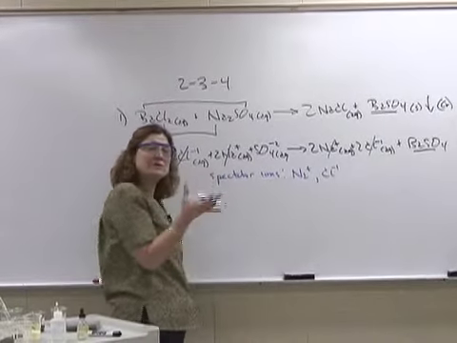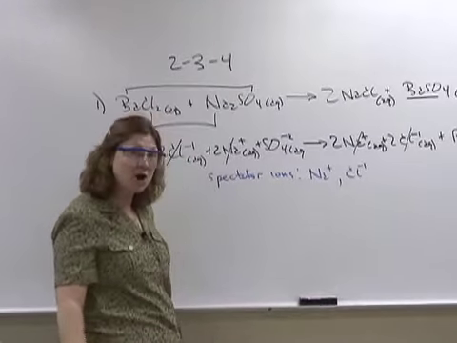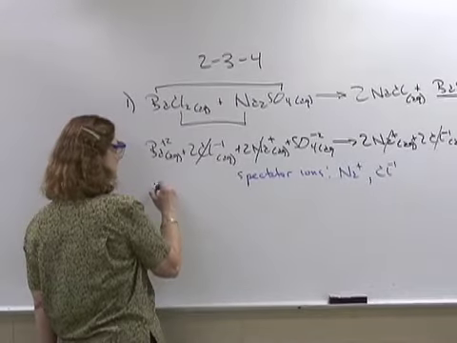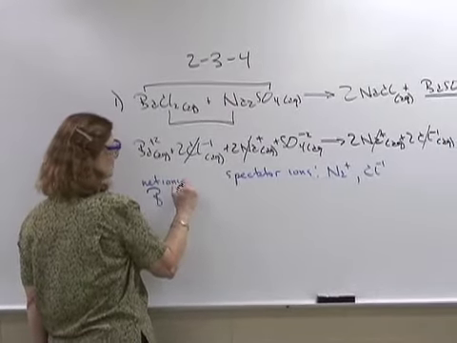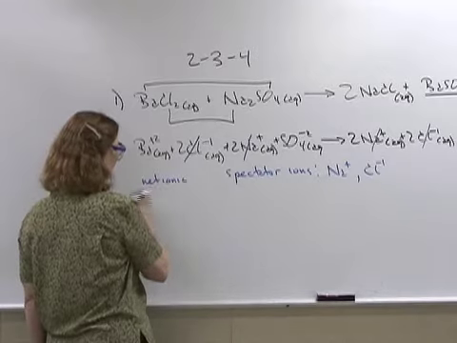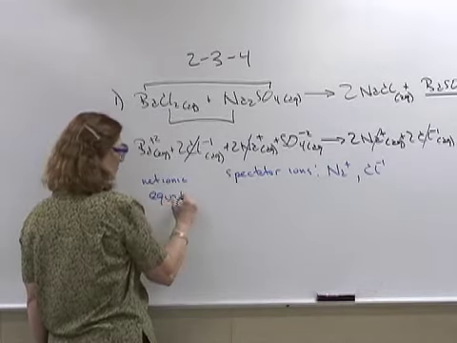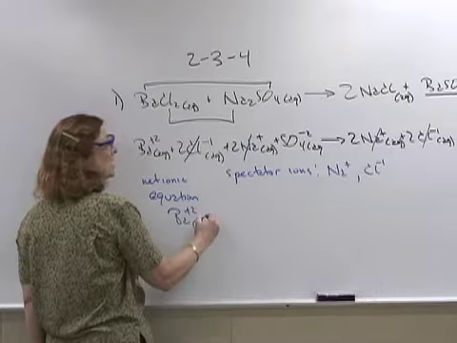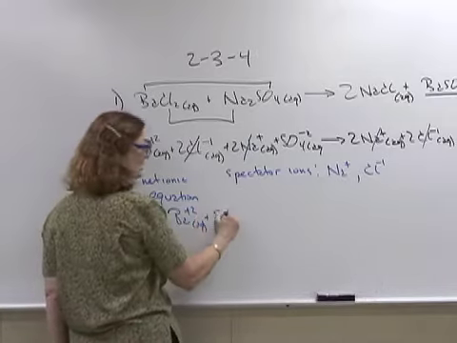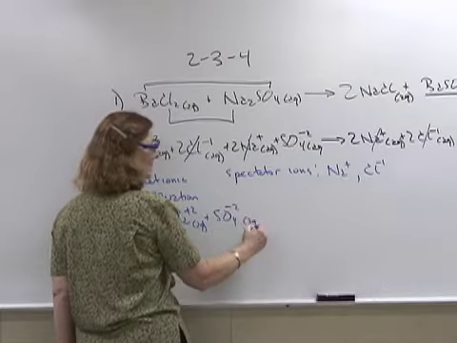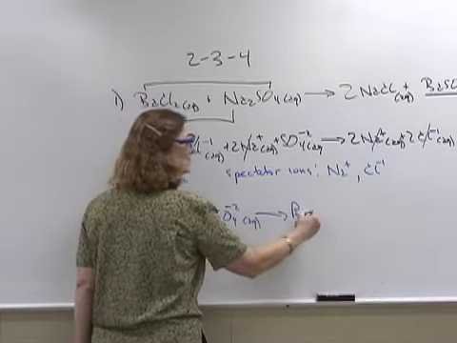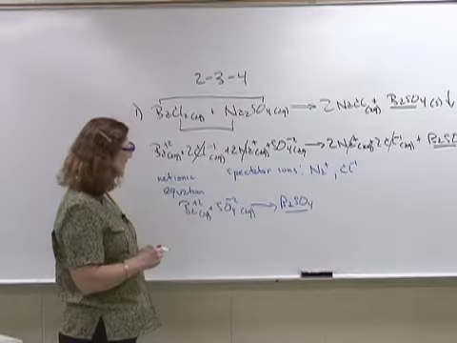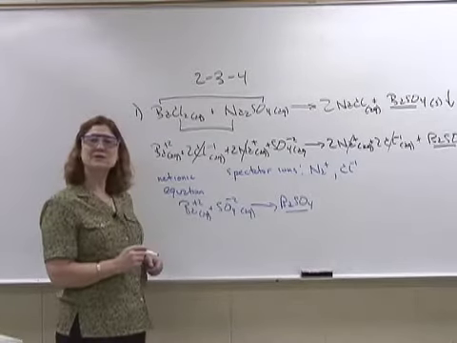When I remove the spectator ions from the equation, I'm left with my net ionic equation. Barium ions, aqueous, plus sulfate ions, aqueous, and I get barium sulfate, solid. I like to underline them. And that would be my net ionic equation.